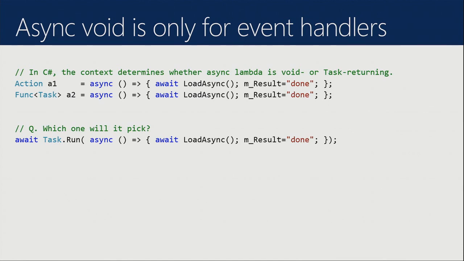Both are valid conversions of a lambda to a delegate. Okay? So that means that depending on what delegate type happens to be expecting the lambda, I either have async void or not. That's very subtle, right?